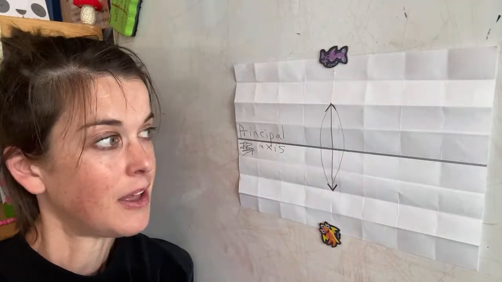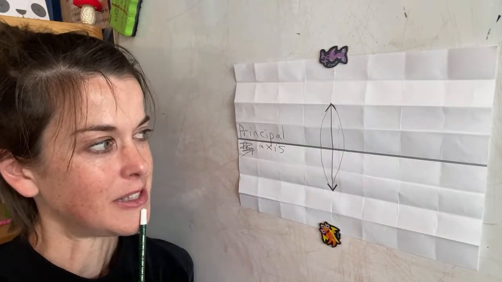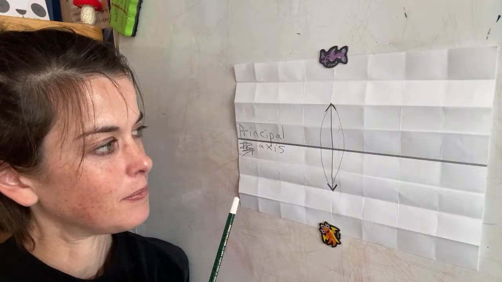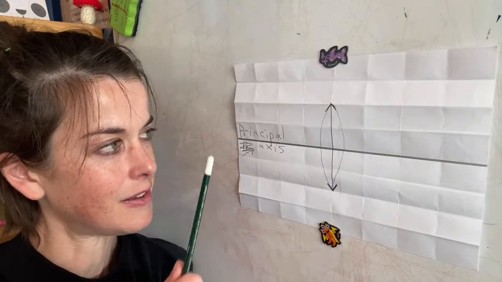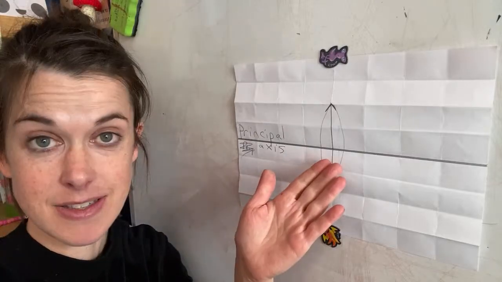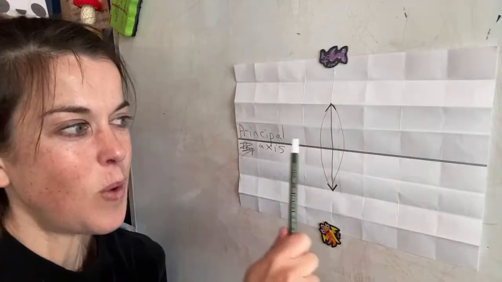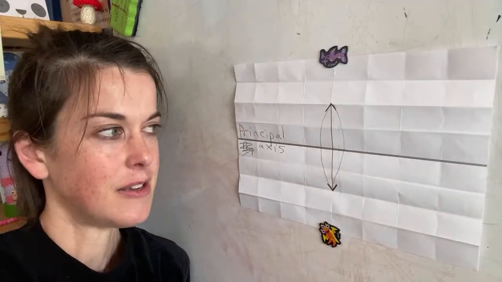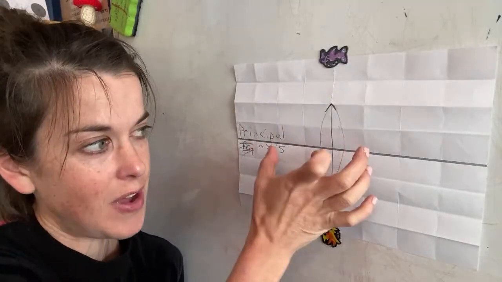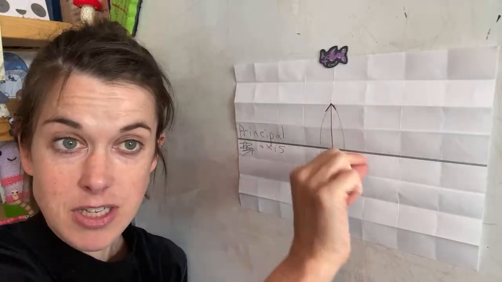Okay, so there's a couple more things we need to add. I've said that converging lenses like this, convex lenses, make light converge at a point. Where that point is depends on how strong the lens is. If it's a really strong lens, a really fat lens, then it would make the light converge really quickly.